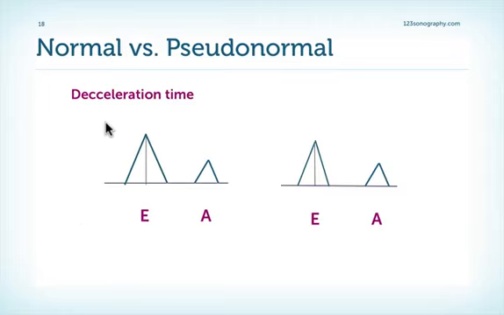One problem in the assessment of diastolic dysfunction is the differentiation between a normal and a pseudonormal pattern. The normal pattern has a fairly long deceleration time, while the deceleration time is much shorter in patients with a pseudonormal pattern.